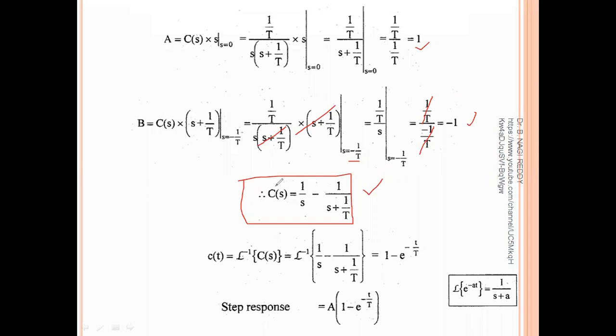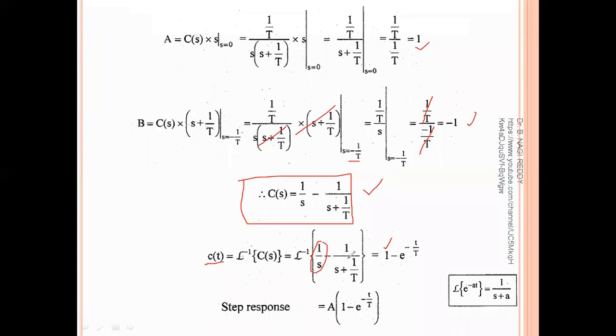Now apply inverse Laplace transform to this C of s, and similarly on LHS as well as RHS, we have to apply inverse Laplace transform. So you'll get C of t, which is the inverse Laplace transform of 1 by s minus 1 by s plus 1 by t. Now you can see here, if we apply inverse Laplace transform to a constant by s, then we will get a constant. Here the constant value is 1, so that's why we have got 1 here.